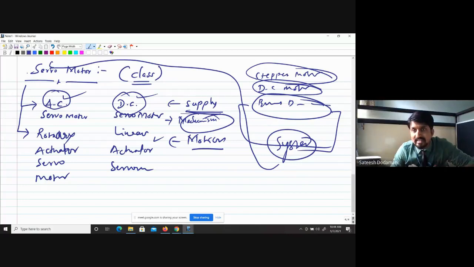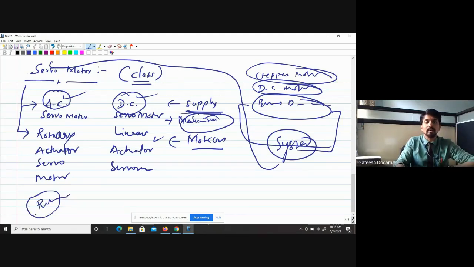What exactly is a servo motor? Servo motor as such does not exist. It is a class. It is a system. If you use an existing motor with that servo mechanism, then it is called servo motor. If you use an AC motor along with that mechanism, then it is called AC servo motor. If you use a DC motor along with that servo mechanism, then it is called DC servo motor. Then, based on the motion, if this motor rotates in an angular fashion, it is called a rotary servo motor.